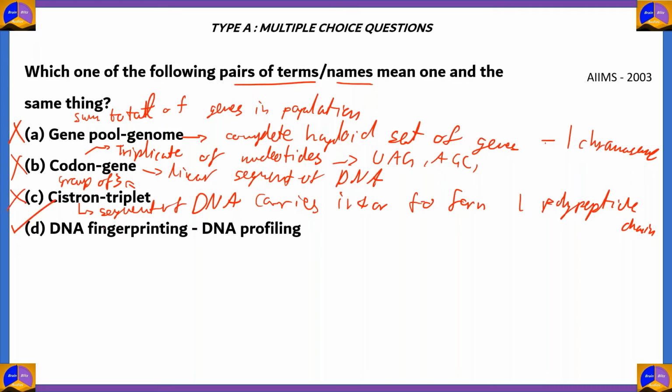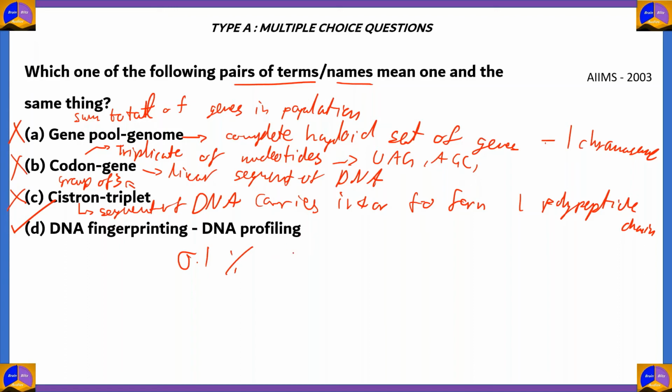The right answer is option D, DNA fingerprinting or DNA profiling. So what you do in DNA fingerprinting is you're essentially checking the unique 0.1% of the DNA, which is completely unique to every person.